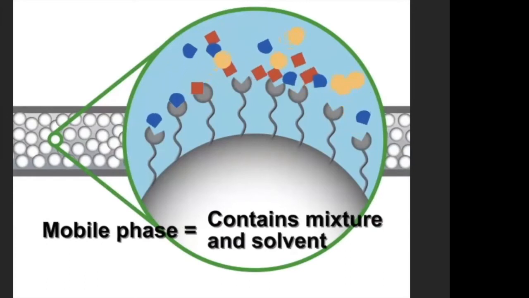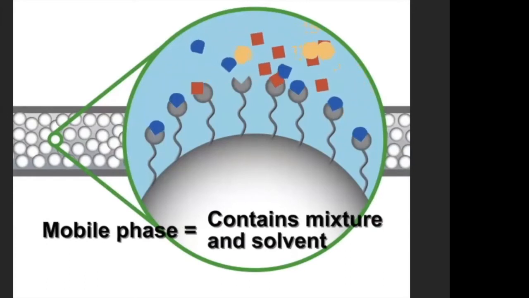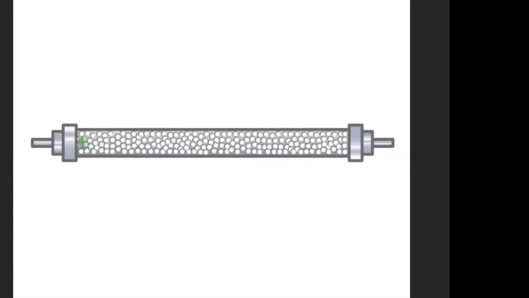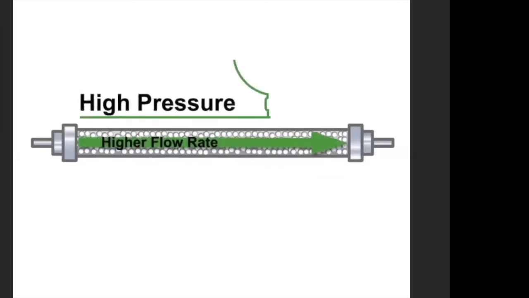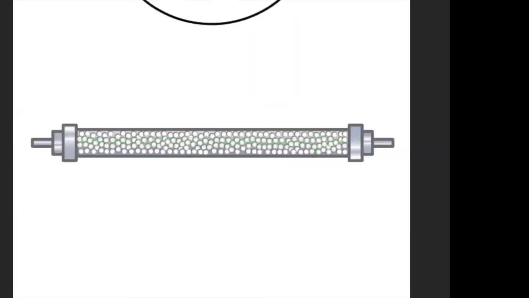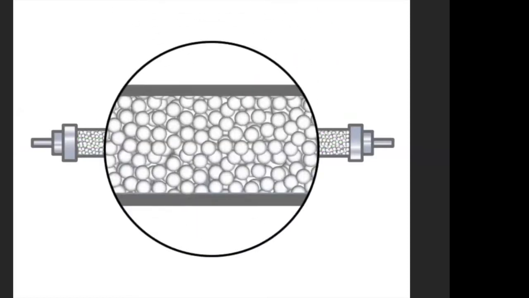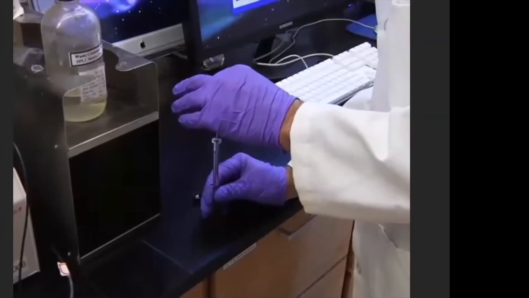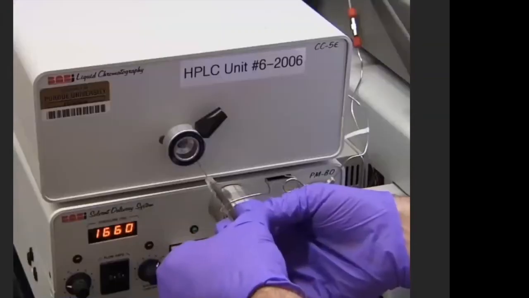As the mixture flows through the column, the components interact with stationary phase differently. In HPLC, column chromatography is performed at a higher flow rate and therefore higher pressure than classical column chromatography. This enables the use of smaller stationary phase beads with a greater surface area toleration, which greatly increases the interaction with the stationary phase and components in the molar phase. In this video, we'll introduce the basics of the operation of HPLC by demonstrating the separation.